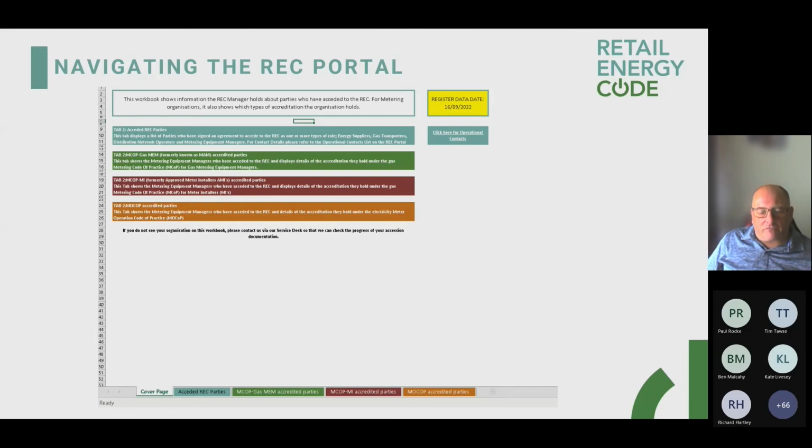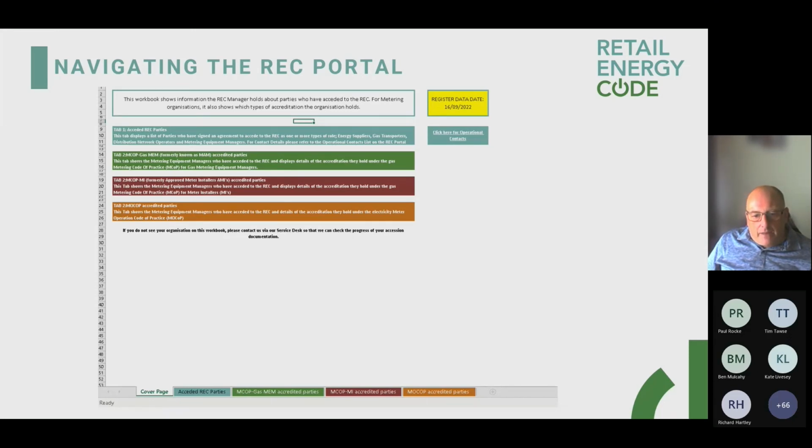The reason I haven't shown you what's on there is for GDPR purposes, because there are people's telephone numbers and contact details on there, so if you've got access to it you are compliant under GDPR. At the bottom you'll see a list of all the acceded REC parties, so who's acceded to the REC, who's actually allowed in there.